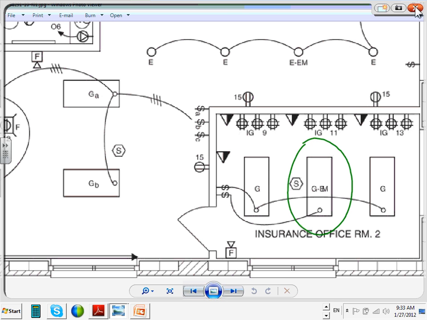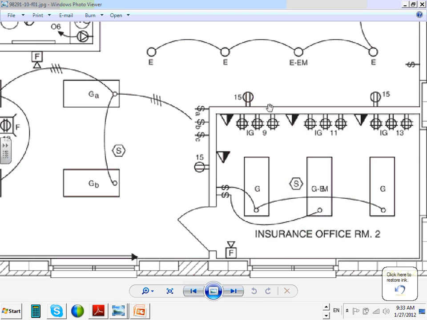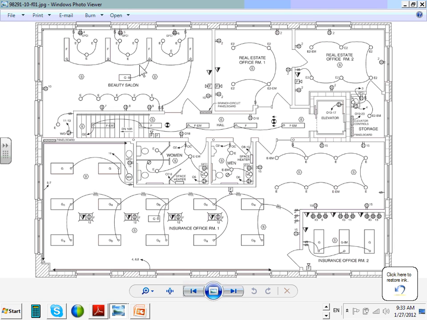It's like the bug eyes, except the bug eyes come on only if there's an emergency. This one will be on all the time with a switch. But the minute the power goes off, it will switch you to the battery inside it, or to a generator if you have one. So that's what we're going to be talking about, guys, in terms of emergency.